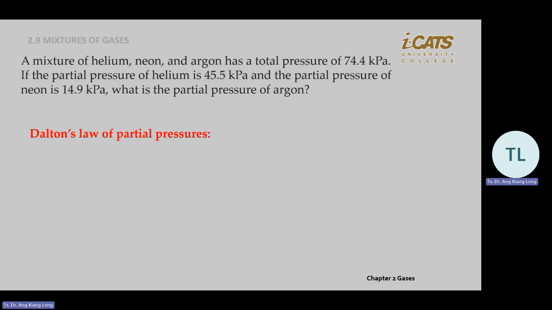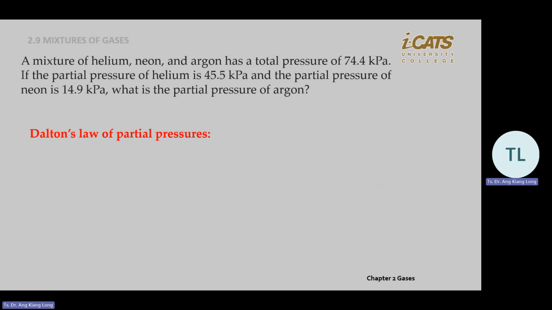Okay, another question. Mixture of helium, neon, argon, total pressure given. Partial pressure of helium given, neon is given, one missing is argon. So basically, just fill in the blanks. Call out Dalton law of partial pressure equal to P1 plus P2 plus P3 or PA plus PB plus PC. Substitute. In the test, you need to give me the general equation. You need to modify the equation from Dalton general to the scenario.